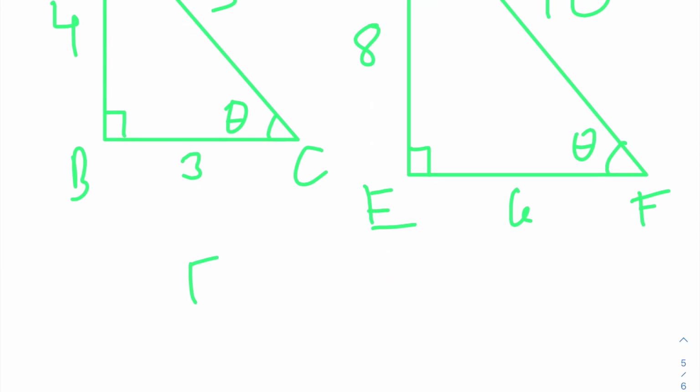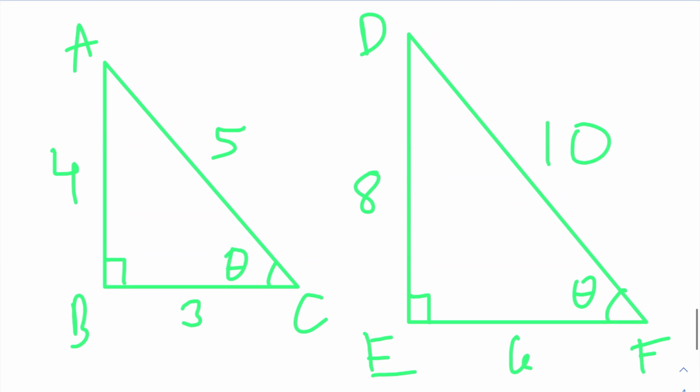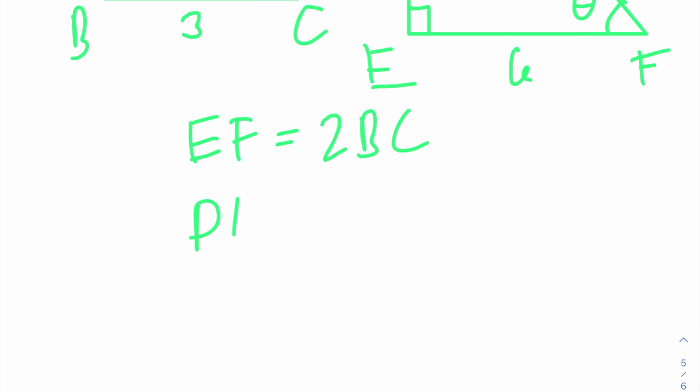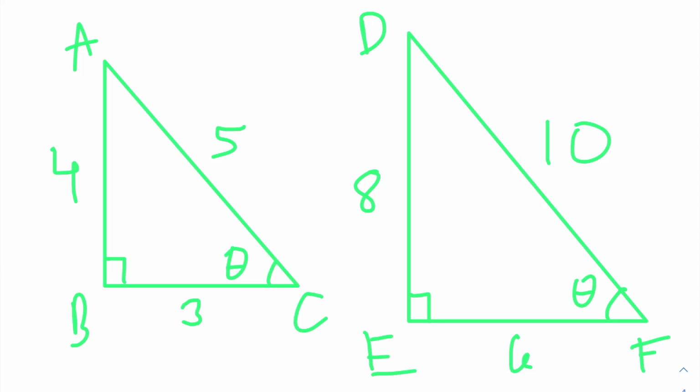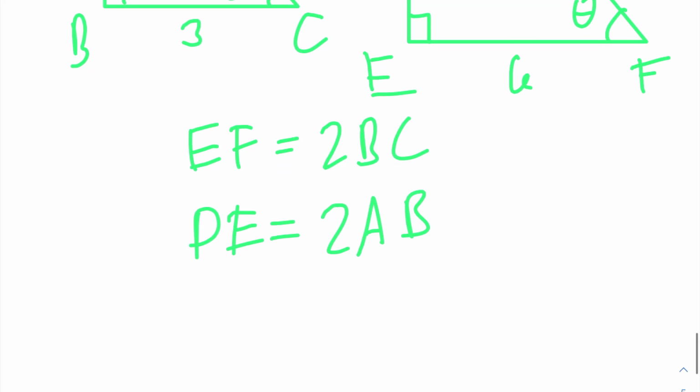Now first of all, we see that EF is equal to 2BC. We also notice that DE is equal to 2AB, and that DF is equal to 2AC.